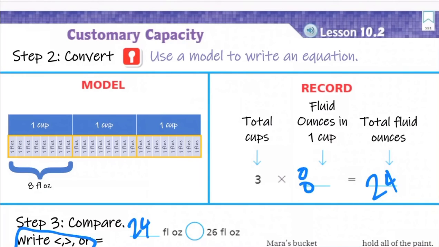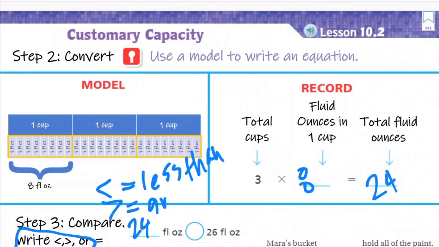So in order, this one means less than, and this one means greater than. Less than, greater than, equal to, right? The equal sign.